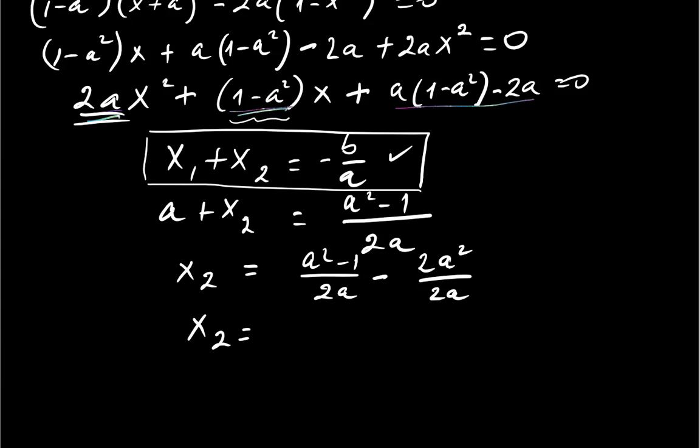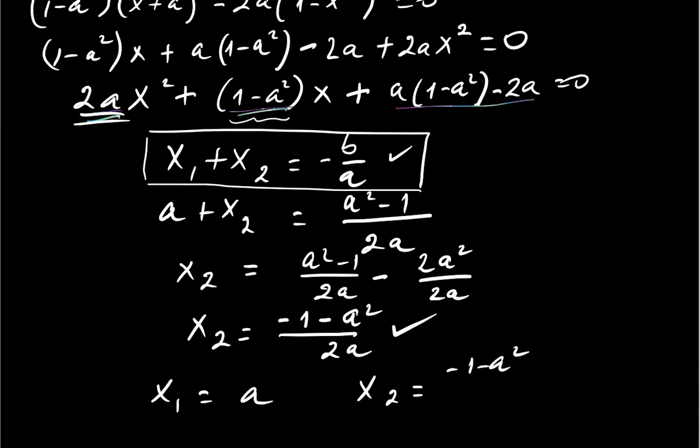That means it's minus (1 minus a squared) over 2a. We have solved our problem. So x1 is equal to a and x2 is equal to minus (1 minus a squared) over 2a. That's what the problem is what we wanted to find actually, okay.